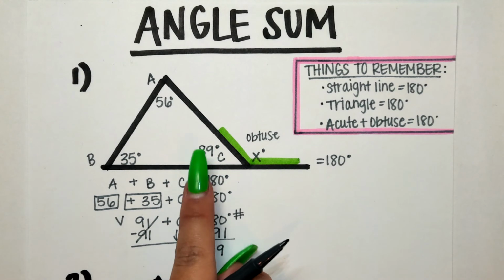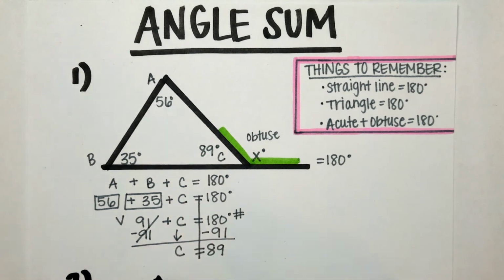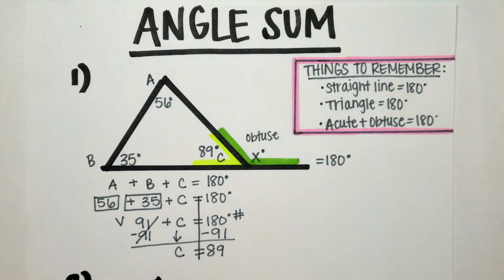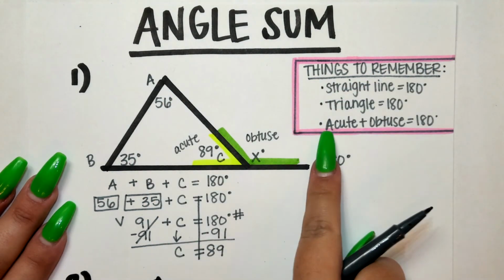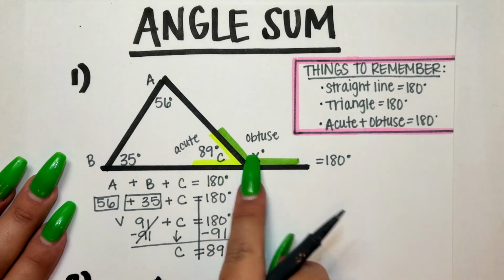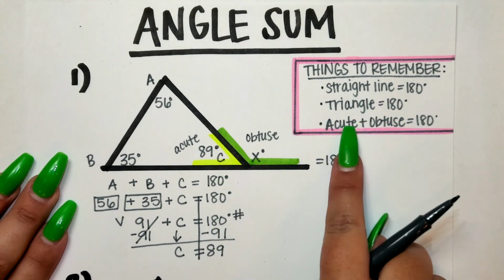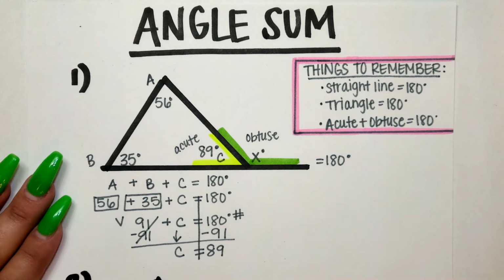It can't be 89 because 89 is an acute angle because it is less than 90 degrees. So then I have my inside angle, which is acute. So you can either add these two to get 180 because it's a straight line, or acute plus obtuse equals 180. Either way, it's the same equation.